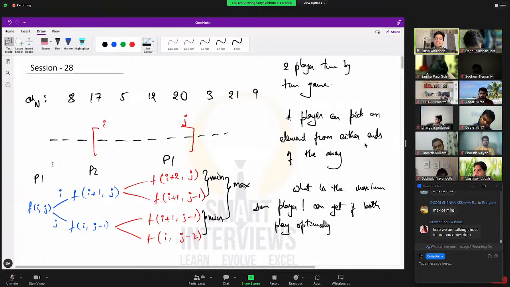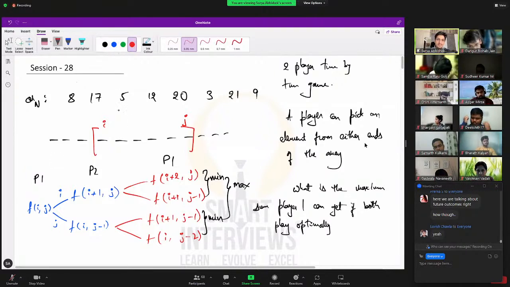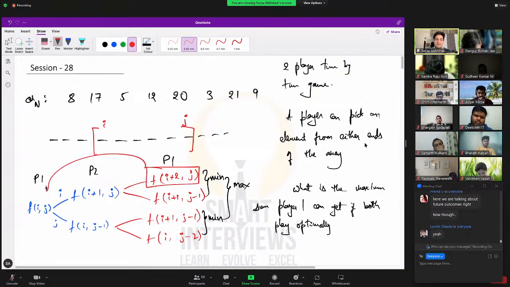So I think the definition of future and past that we have is different from the future and past that we are discussing here. This is a state that is essential for you to compute this state. So this is a state that you will compute first, and then you will compute this state.